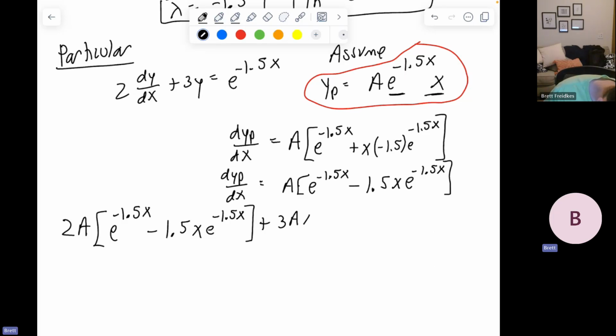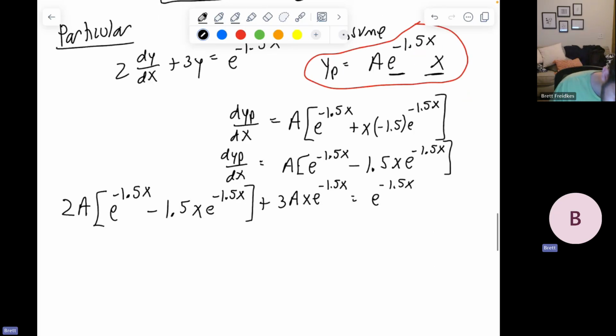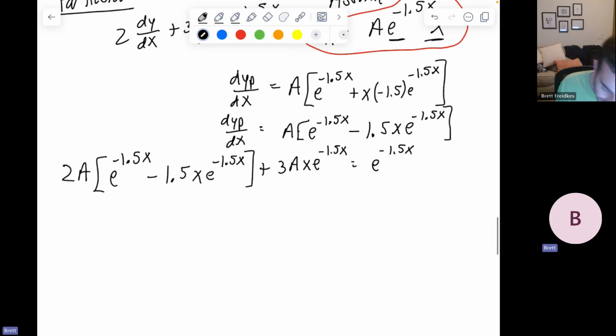It's going to be ax e to the negative 1.5x. That whole thing's going to be equal to negative e to the negative 1.5x. So let's distribute that 2a. Negative 1.5 times 2 is negative 3.